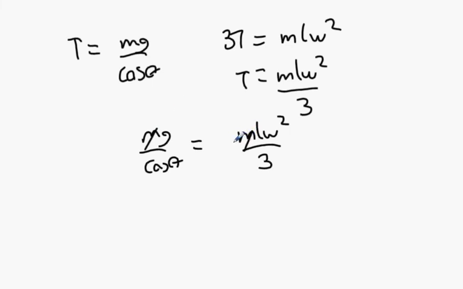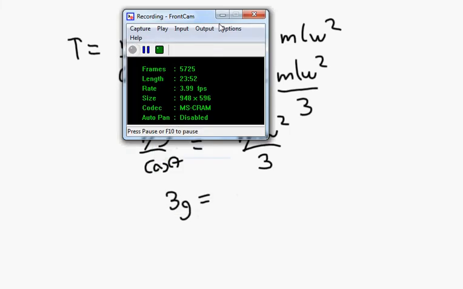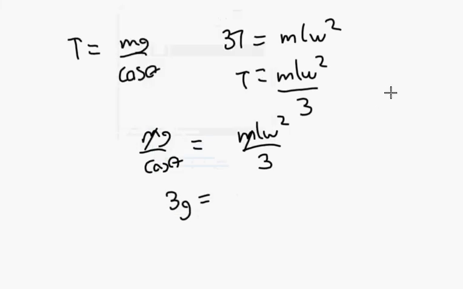So we get 3g, and if you go back to the diagram on the bottom, what you would have had was our length was L, our length of our string. We would have said that that was L sine theta, and we would have had that as 2.